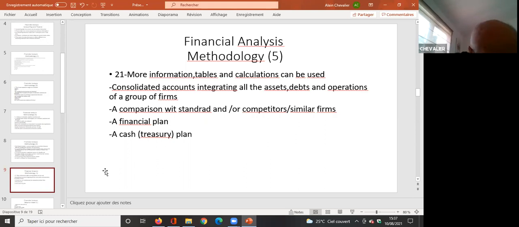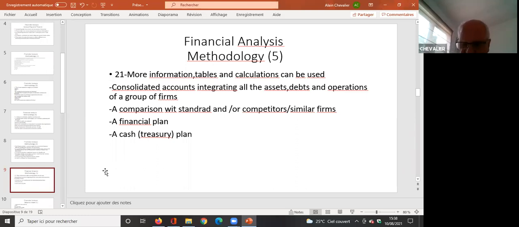Okay. So this is what I wanted to present today on the methodology. We'll go, of course, into the details of all these points in the days to come. And we'll try also to extend some points, the elements I brought in these 9 first slides of my presentation today.